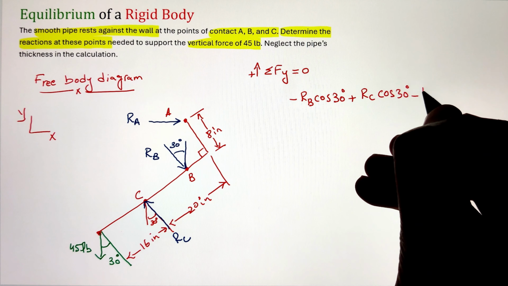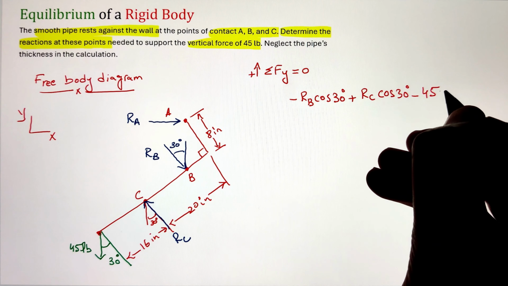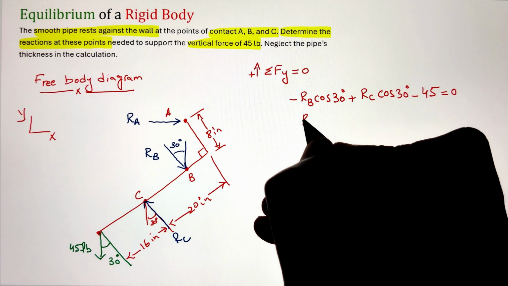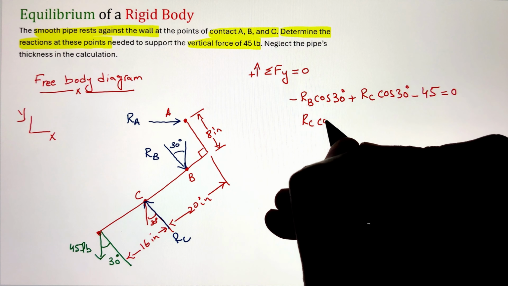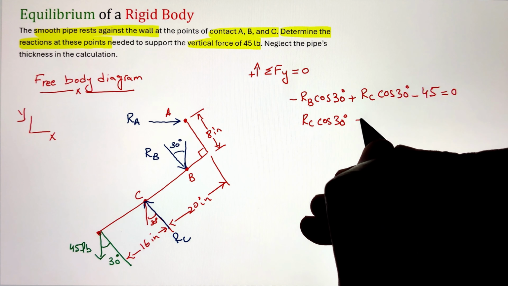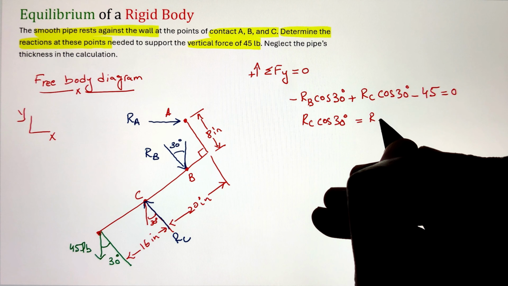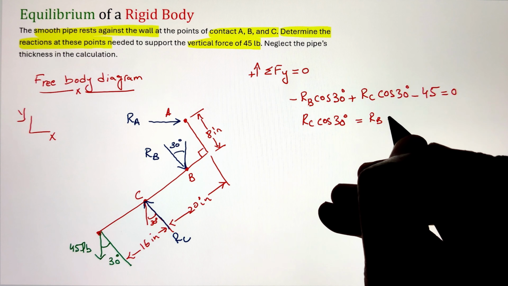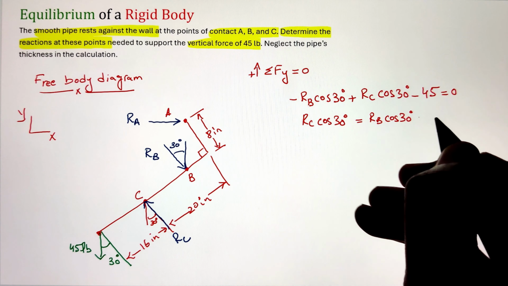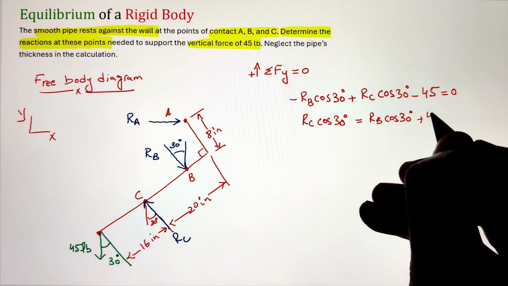To start, Rb is acting at an angle of 30 degrees with respect to the vertical y-axis. So if I take the cos 30 function, it will project Rb along the y-axis. In this case, it is pointing downward, so that's why it is taken as negative. Similarly, Rc is making an angle of 30 degrees with the vertical y-axis.